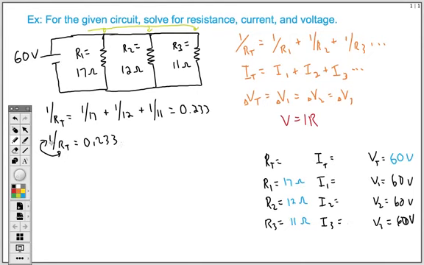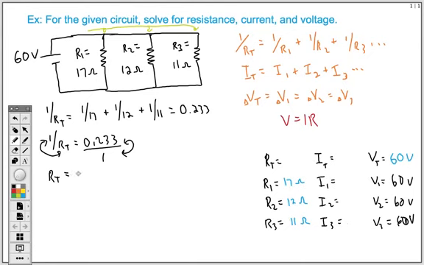Well, whatever we do to one side of an equation, we have to do to the other side. Keep in mind, this 0.233 is a fraction in itself, just divided by 1. So just like we flip these, we have to flip these as well. So my 1 is now going to go on top, my 0.233 is going to go on the bottom.